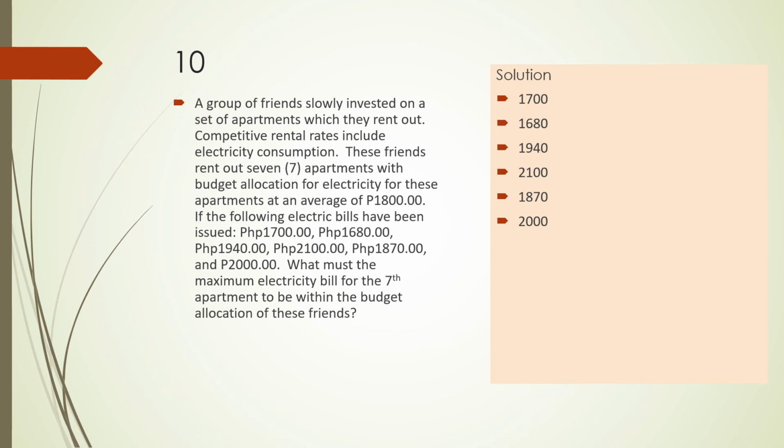So if the budget allocation for each of the apartments rent is equal to 1,800, and we're given that for the 6 of the apartments we were given these electricity bills.